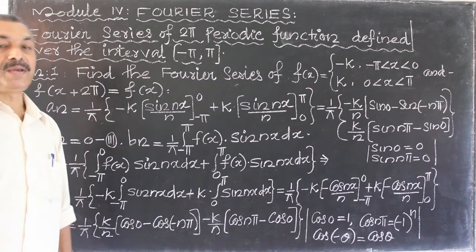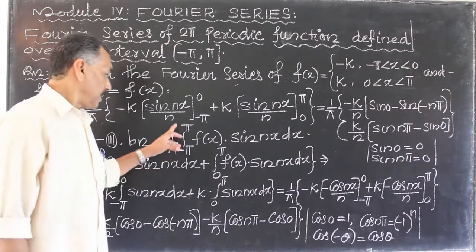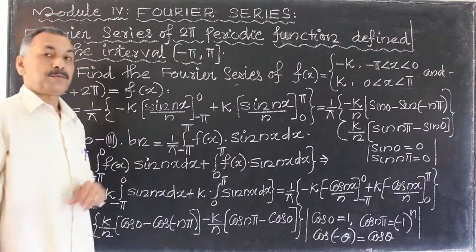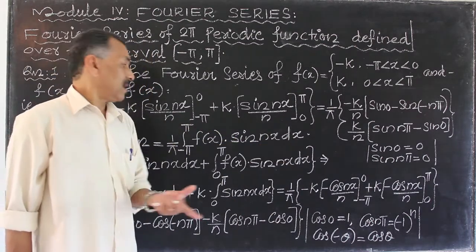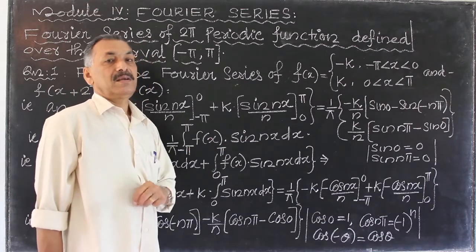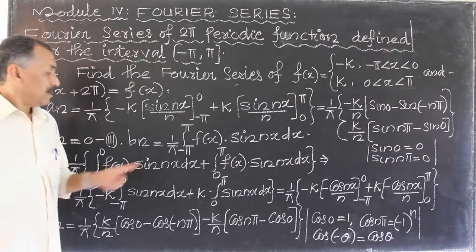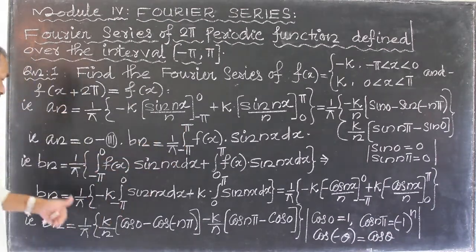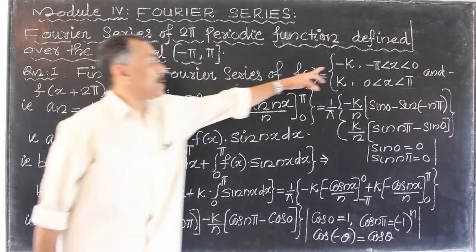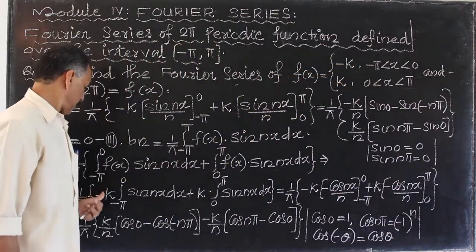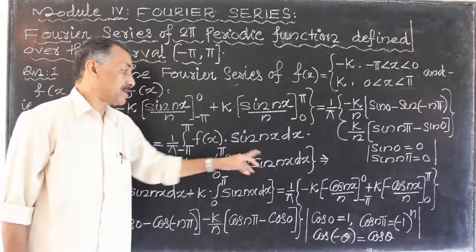The next is the coefficient bn: b1, b2, b3, etc. What is bn? bn is equal to 1 by pi integral minus pi to pi f of x into sin nx dx. That is, splitting minus pi to pi like this, bn is equal to 1 by pi integral minus pi to 0 f of x into sin nx dx plus 0 to pi f of x into sin nx dx.